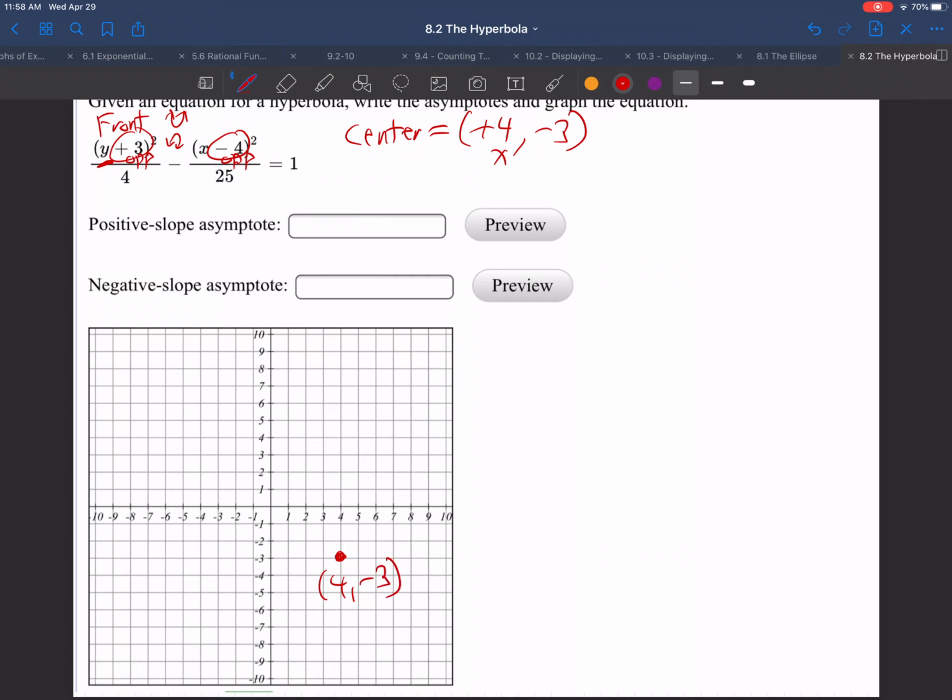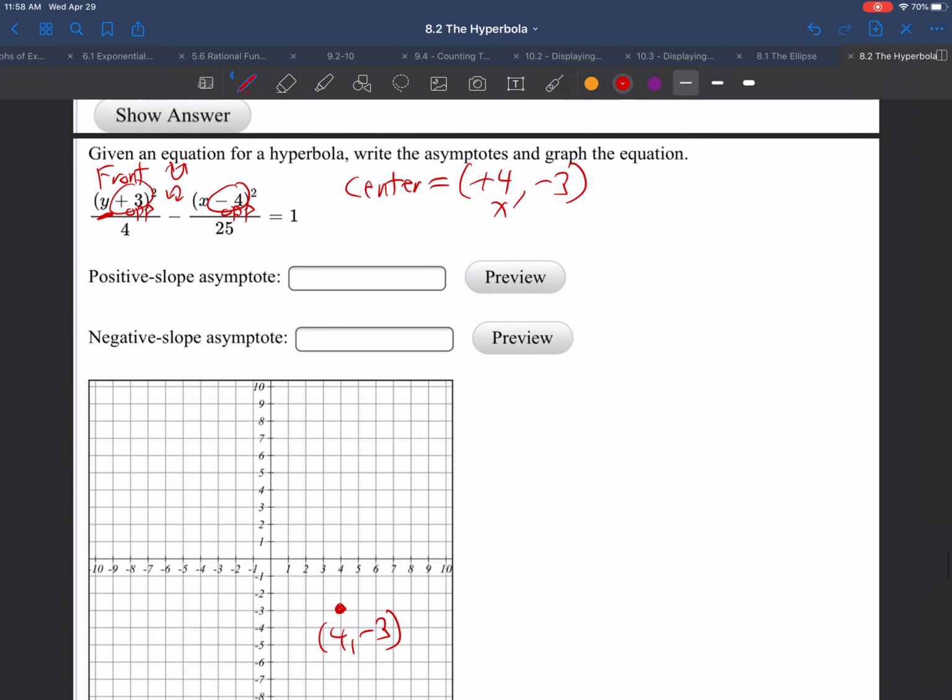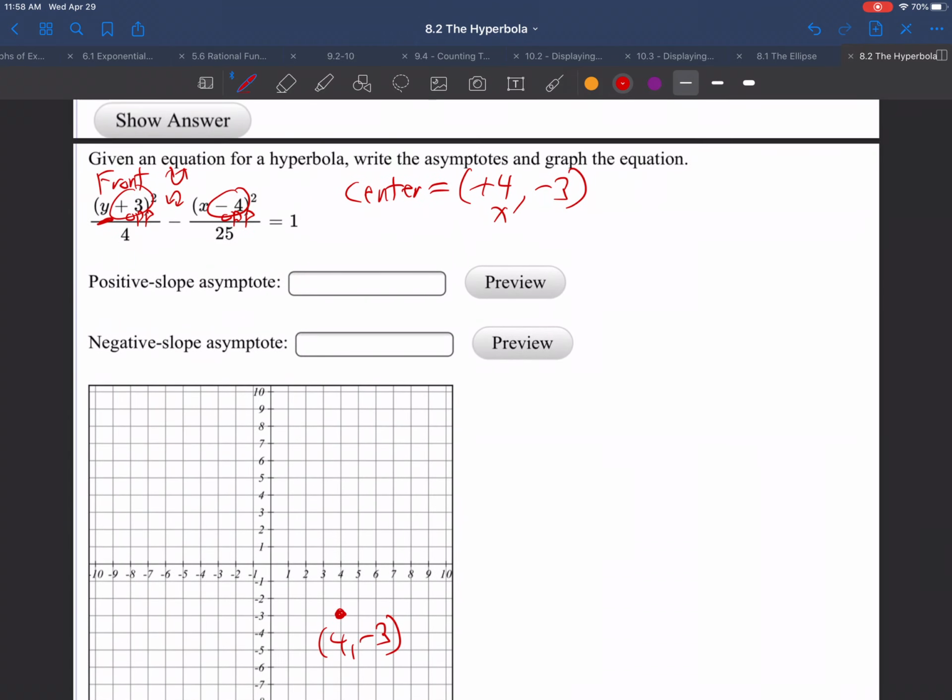of the box and the hyperbola branches. So there's the center. Now from there, let's figure out what we need to do. Whatever's underneath x, we'll rewrite this as 2 squared and 5 squared. Whatever's underneath x is right, left, because x is right, left.